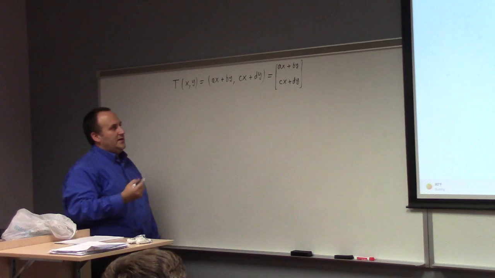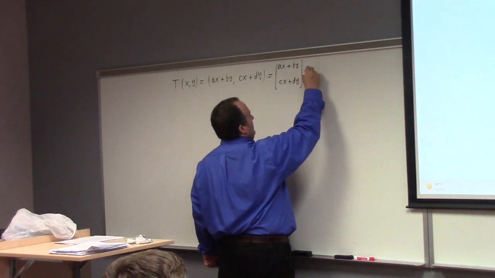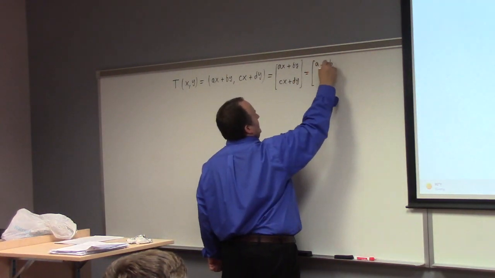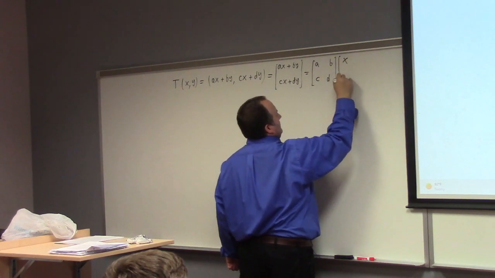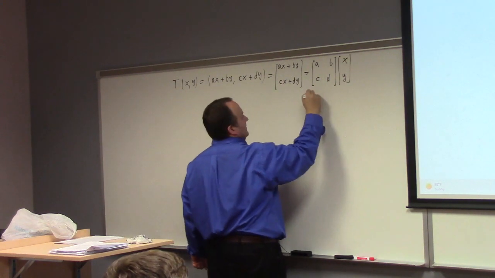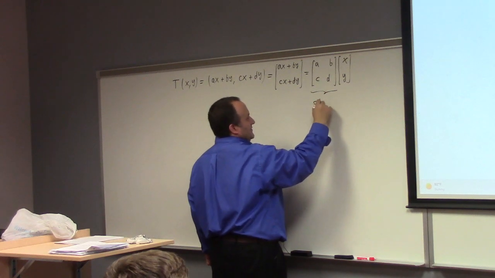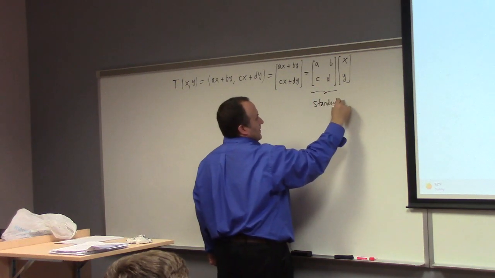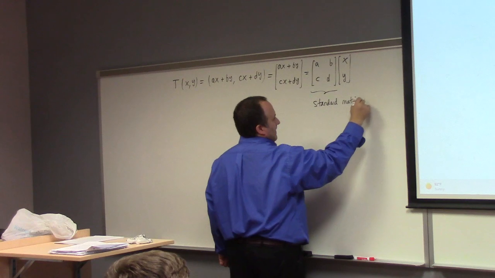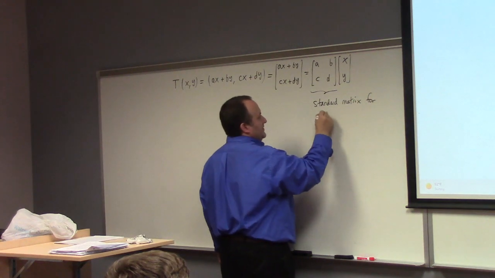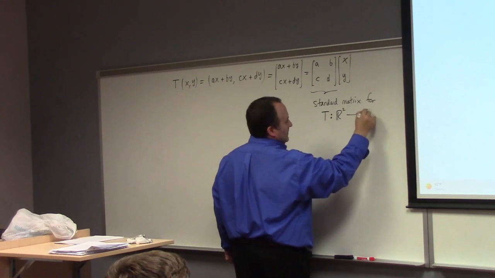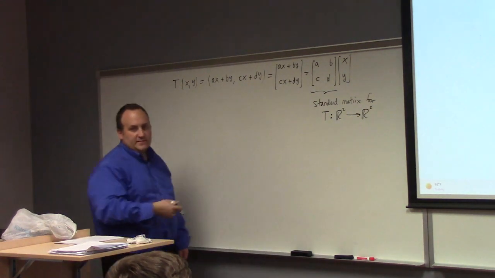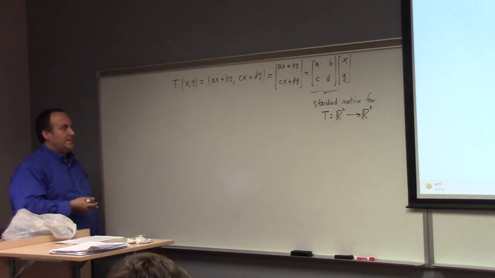And anyway, this can be written, of course, as the matrix [a, b; c, d] times the column (x, y), right? This right here is the so-called standard matrix for T, which is a mapping from R2 to R2. All right, that's a standard matrix.